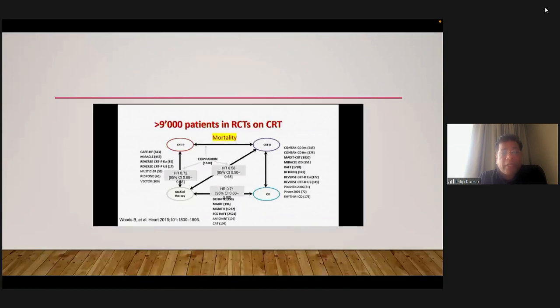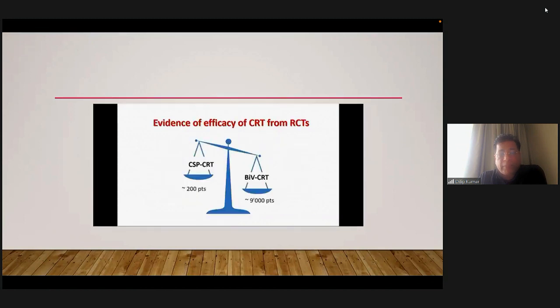You see here the RCTs with CRT number thousands of patients, but with CSP it's still in hundreds. So maybe a couple of years more, and once we get more RCT evidence showing CSP giving better results than CRT, better fusion, which has already been seen in initial studies, probably things will change in favor of CSP versus CRT.